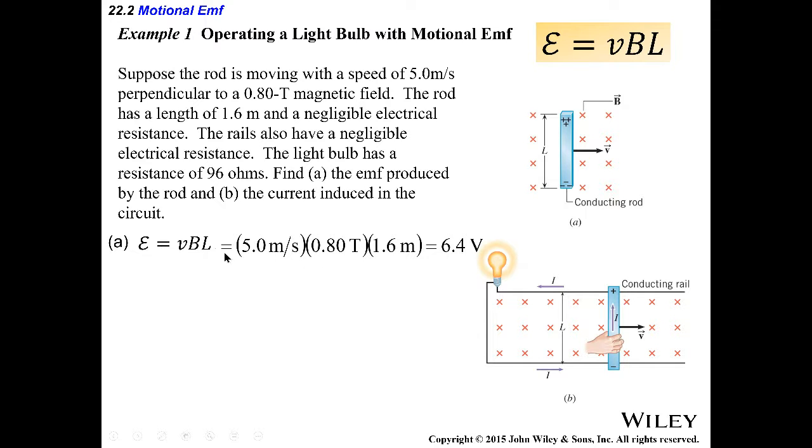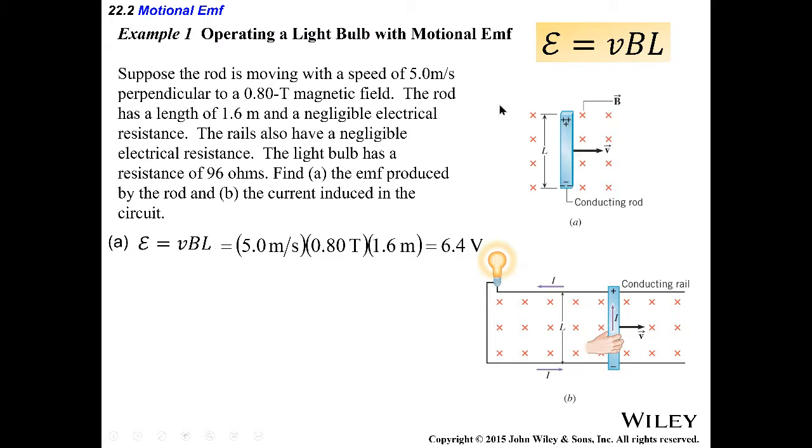In other words, this EMF is not a force, because a force would have been measured in newtons. Instead, this EMF is a measure of the electric potential. That's why you call it volts.